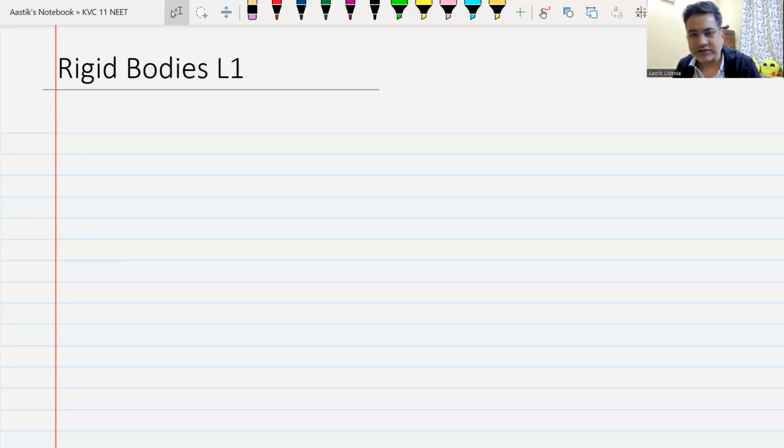Rigid bodies or rotation. Now, first of all, since the name of the chapter is rigid body, we have to understand what is a rigid body. Can anyone tell me what is a rigid body? The meaning is hidden in the name itself. Rigid body.